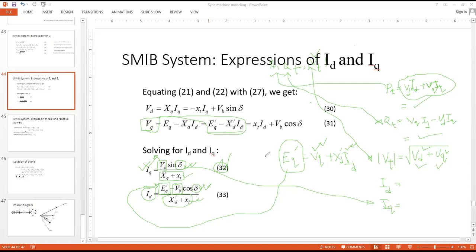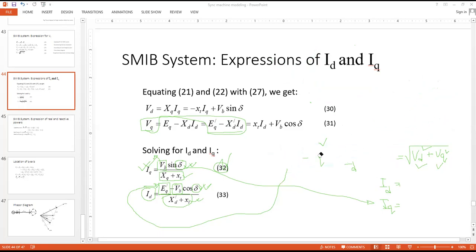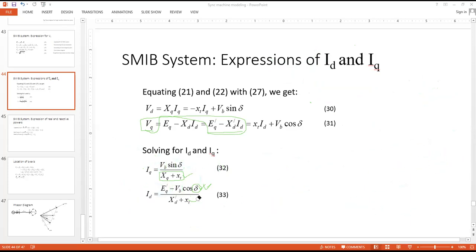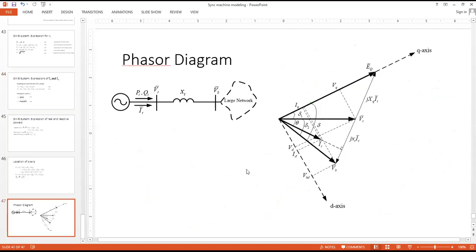If they match, I think you are done with your checking even. So now you should be satisfied that your initial condition calculation steps are completely done with 100% accuracy. This is how we will calculate the initial values and draw the phasor diagram for a SMIB system. Any question up to now?